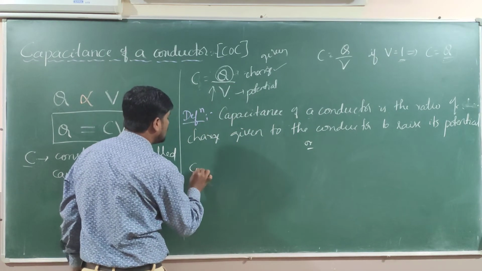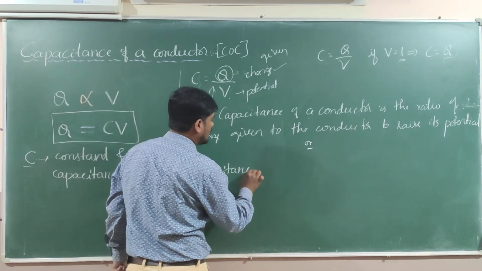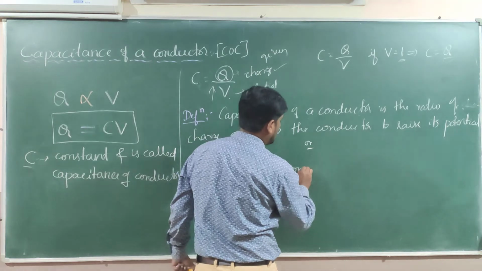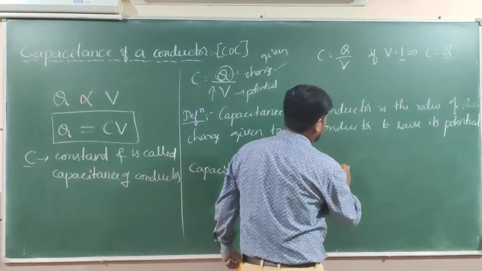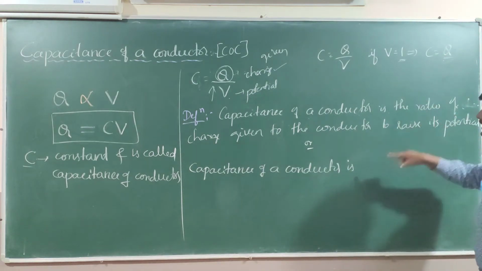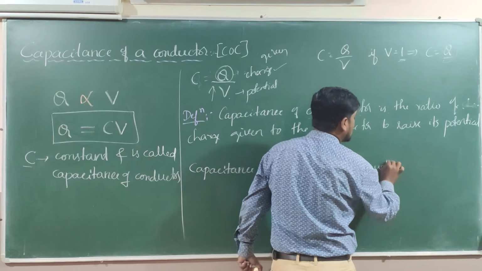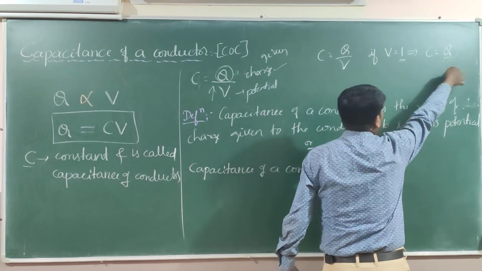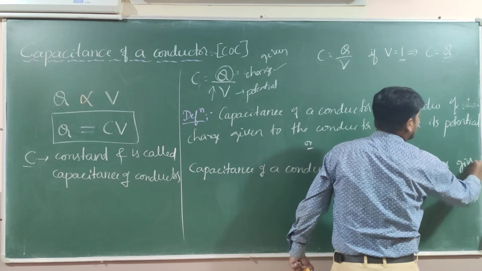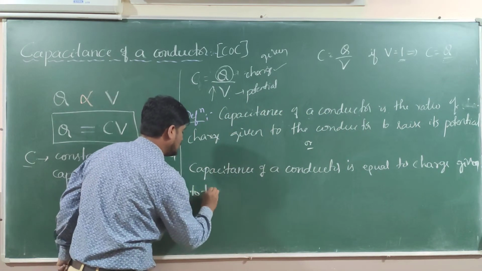Or capacitance of a conductor is defined as, look at this, C is equal to Q. Capacitance of a conductor is equal to the charge given to the conductor.